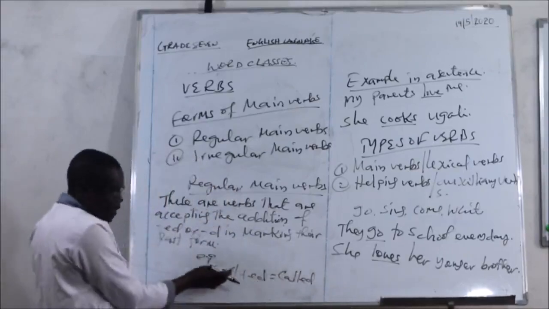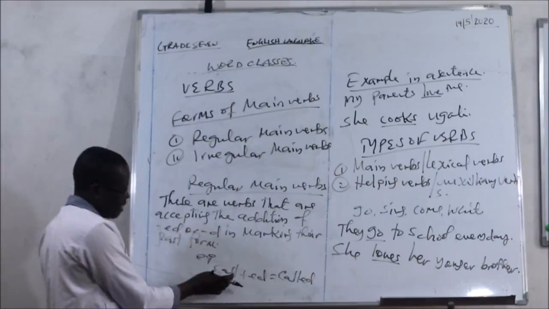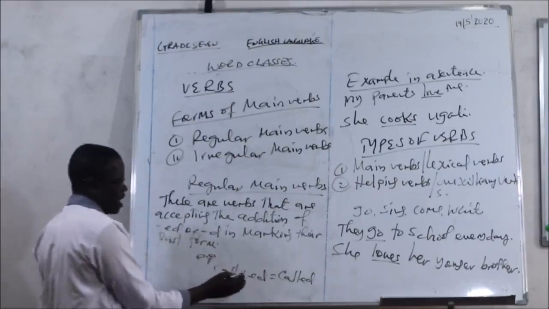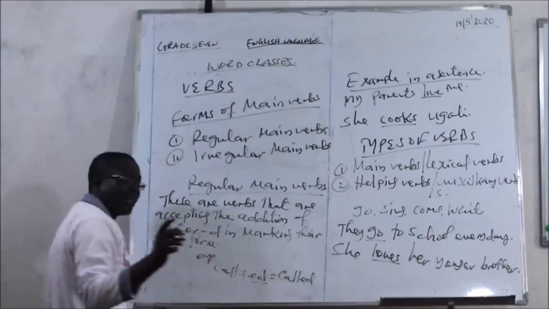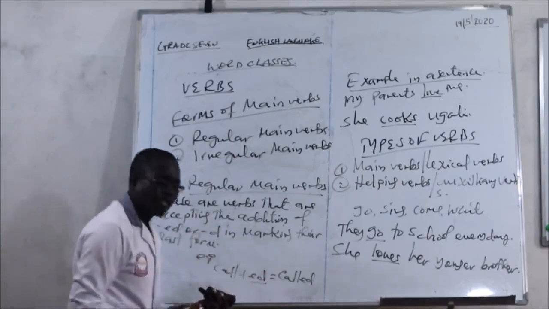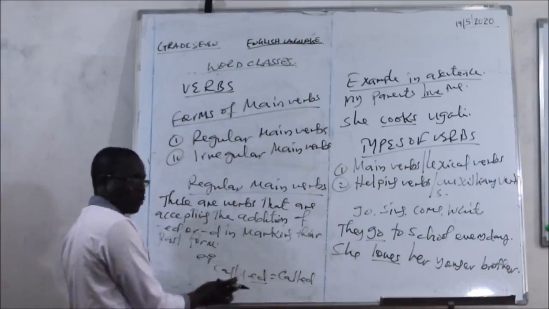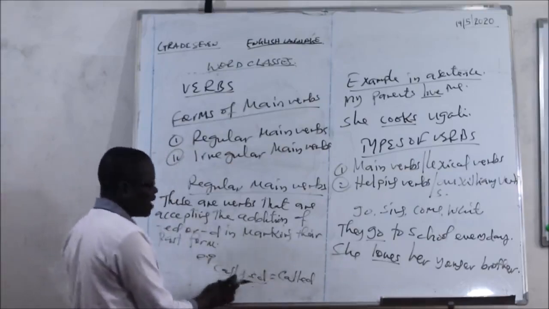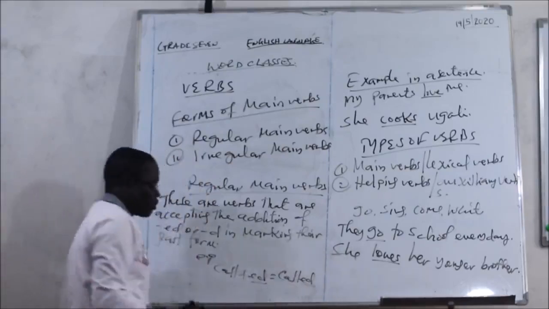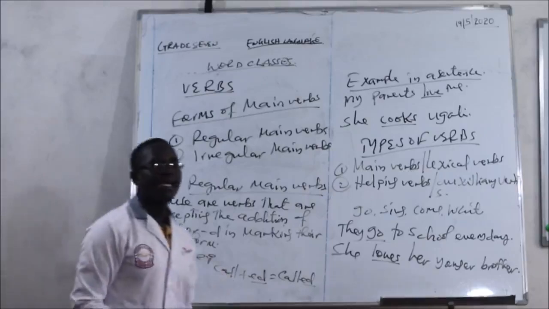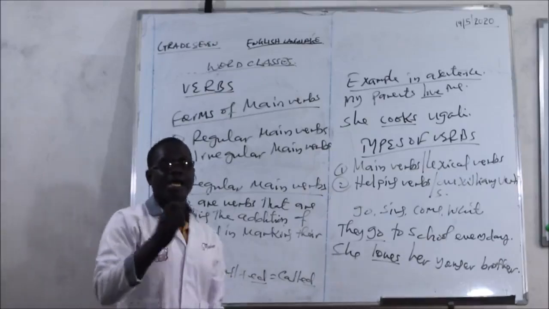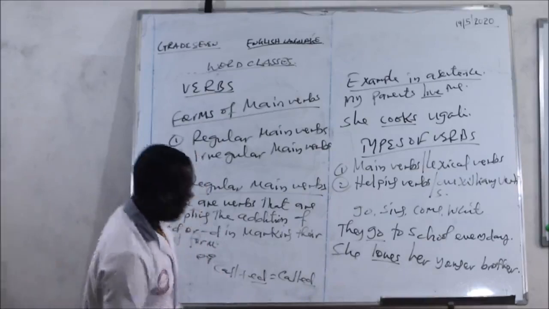From the basic form of the verb here, we have attached ED, something that we had already called universal past tense marker. Addition of ED to the word call has changed it from call to called. Therefore, we are calling this regular main verb.